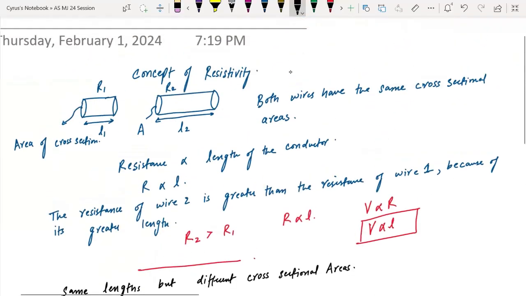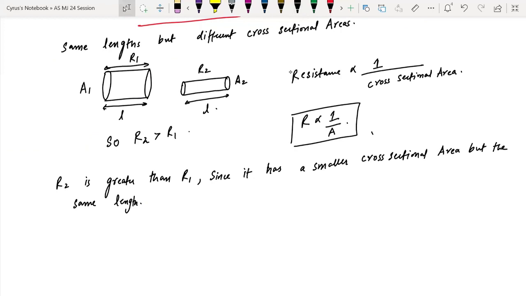Both of these results, of length and cross-sectional area, lead us to the concept of resistivity, right? We'll be talking about the concept of resistivity now.